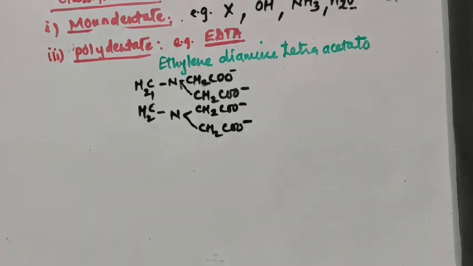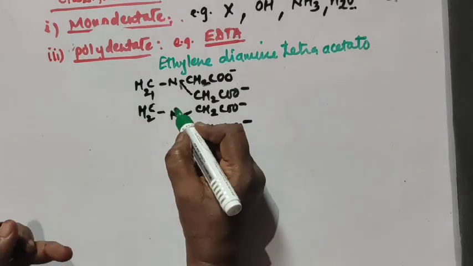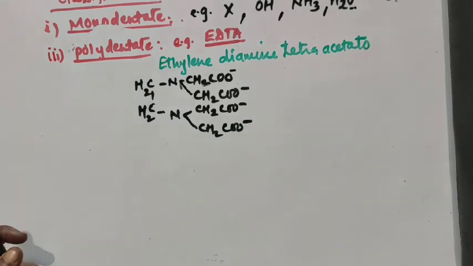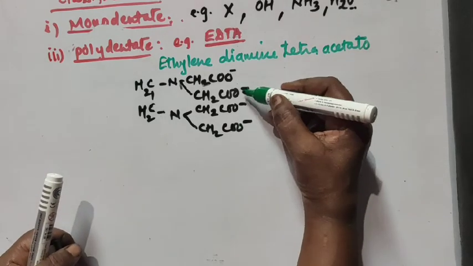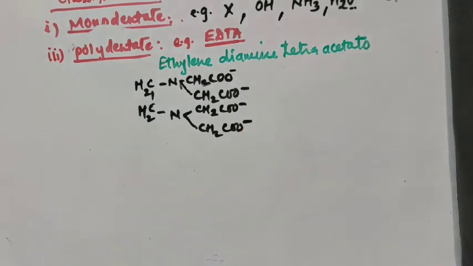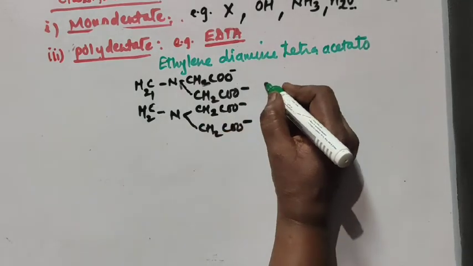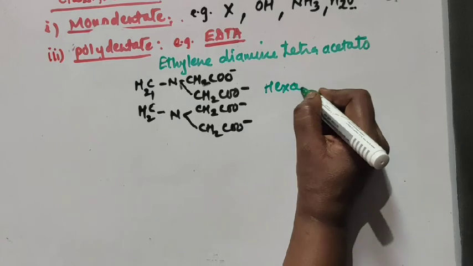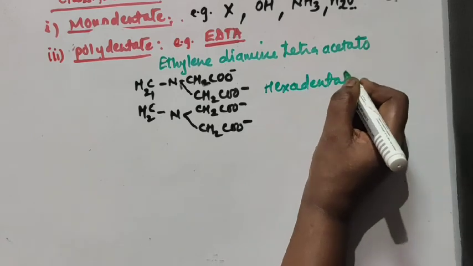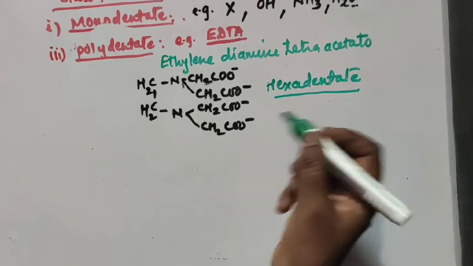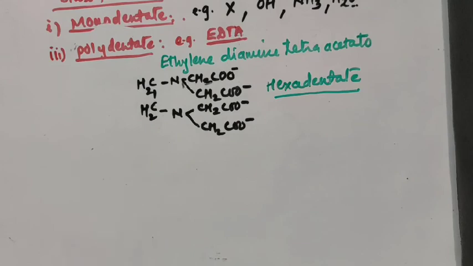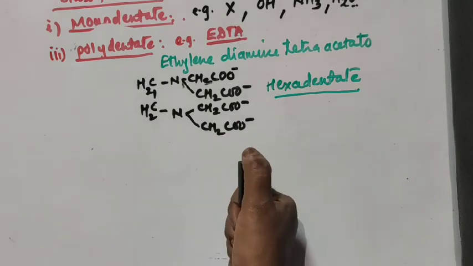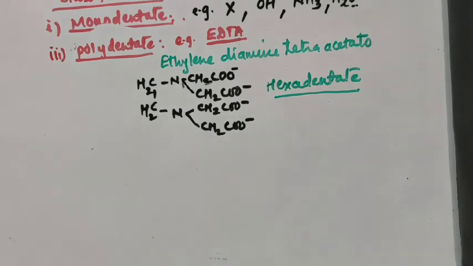So if you consider this case, two nitrogen atoms are there which can donate an electron pair, and also four oxygen atoms are there which can donate an electron pair. So this is actually hexadentate. It is an example of a polydentate ligand. 6 atoms are there which can donate an electron pair to the central metal atom.